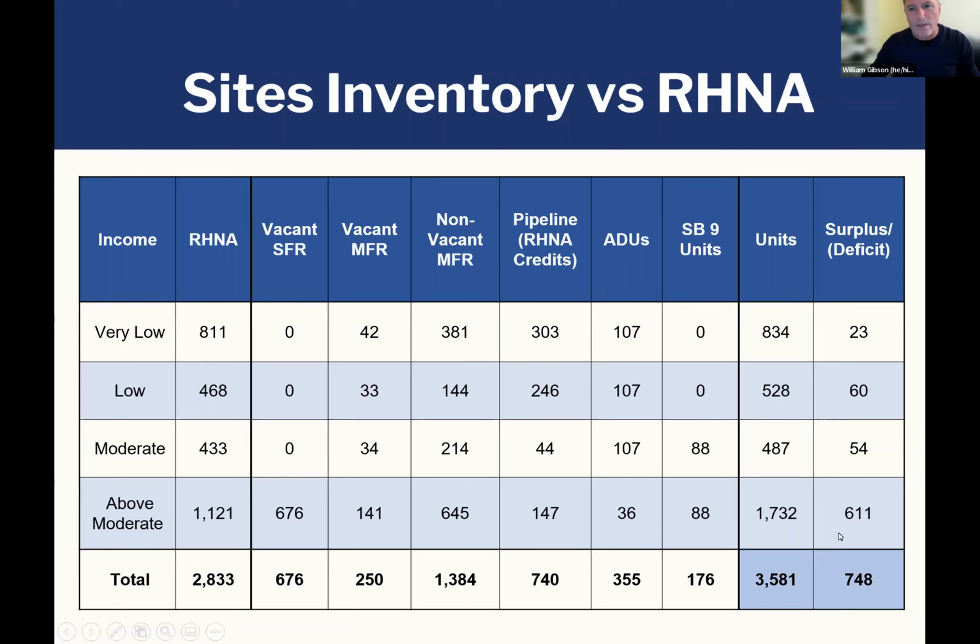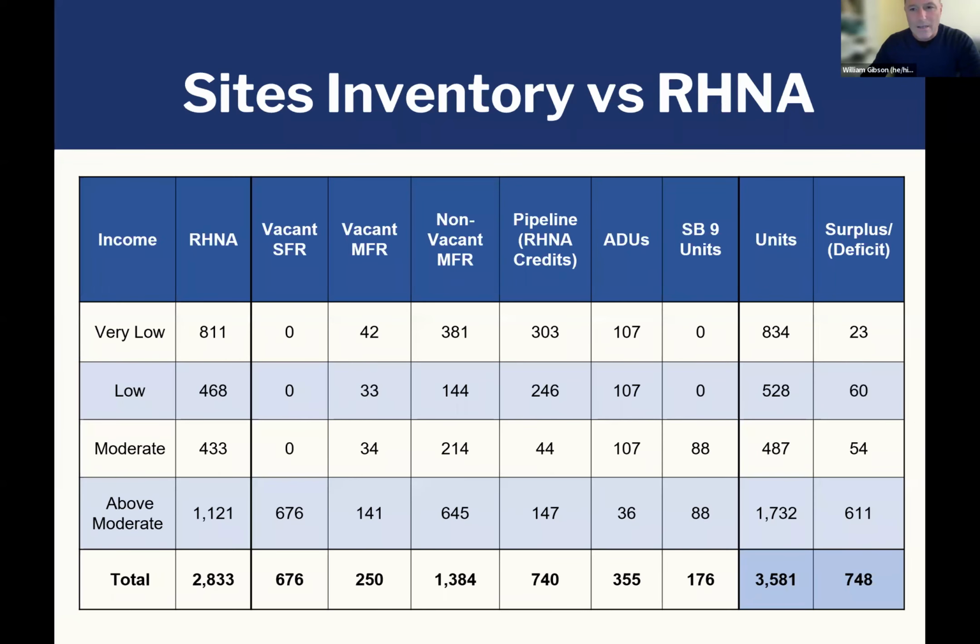We significantly meet it for the above moderate income category. We meet it a bit for the moderate, we beat it a bit for the low income, and we are just barely scraping by in the very low income category. So that is the sites inventory in total from all of the sources of analysis and projection that are included in the housing element.